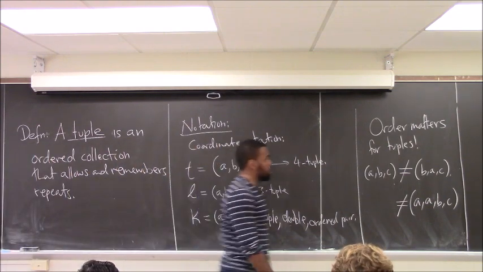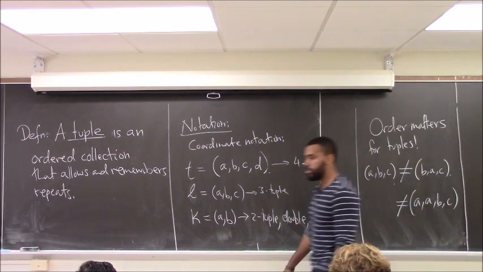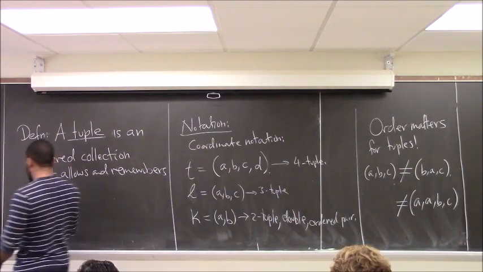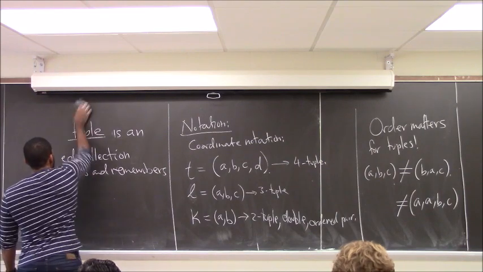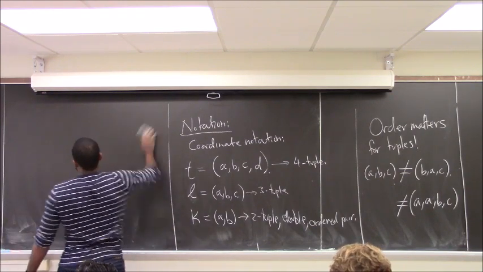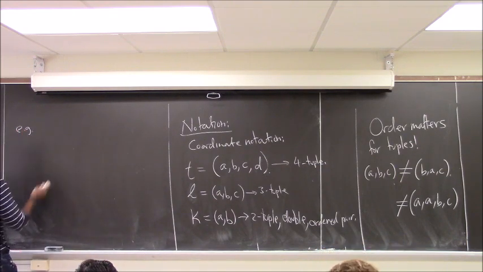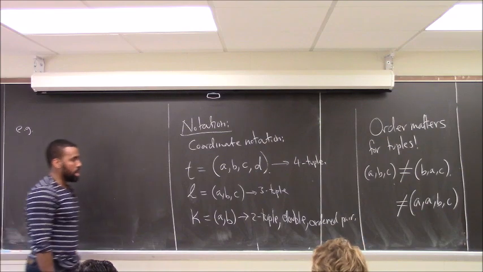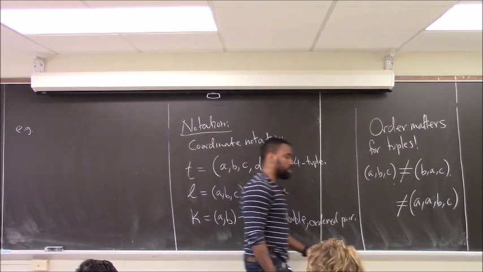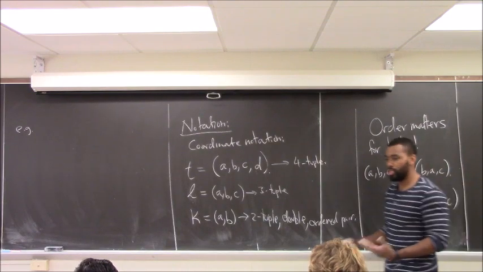So there are times when I want to represent a situation or an object or some set of facts, and I want to represent it in such a way that the order matters and that repeats are allowed without me erasing that information. So as an example here, if I were to represent the grades of a student in a class, I would not use a set, I would use a tuple.